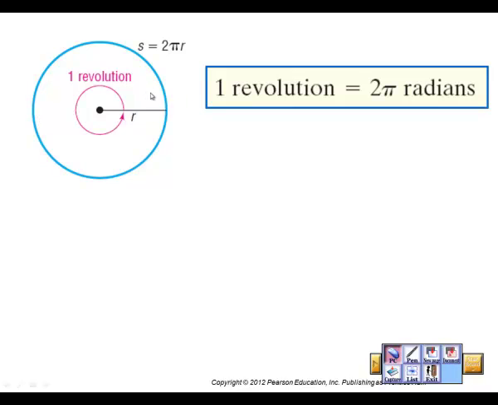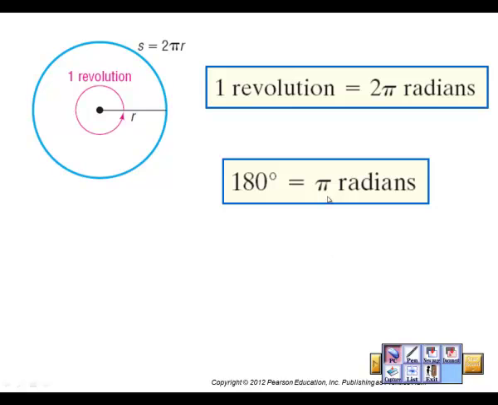So we have this circumference around the circle. Since 1 revolution is 2 pi radians, and 1 revolution is 360 degrees, if we divide both sides by 2, then we have pi is 180 degrees.